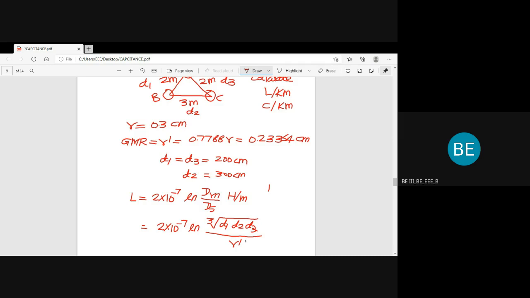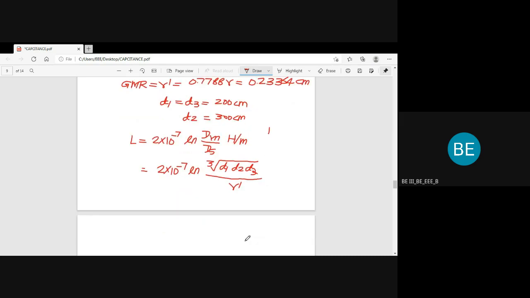We know the values of D1, D2, D3 and R dash. If you substitute and convert into kilometer, L will be equal to 1.378 millihenry.